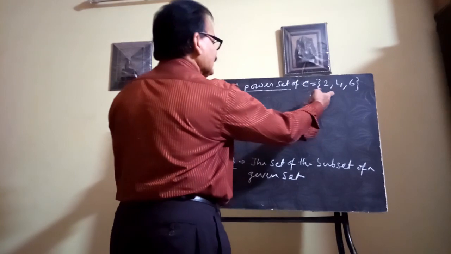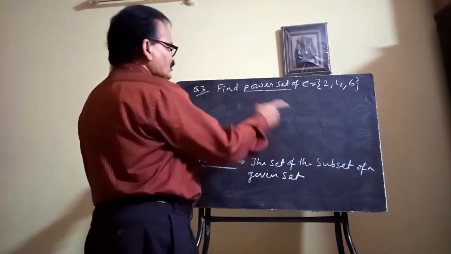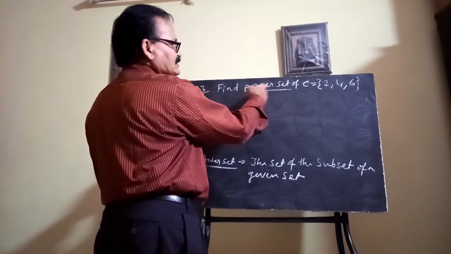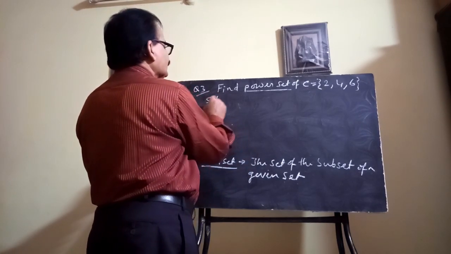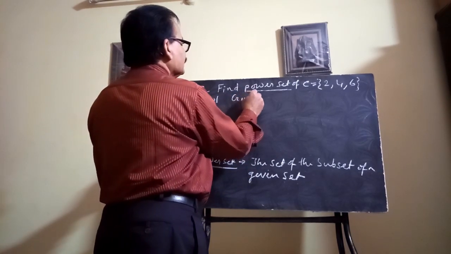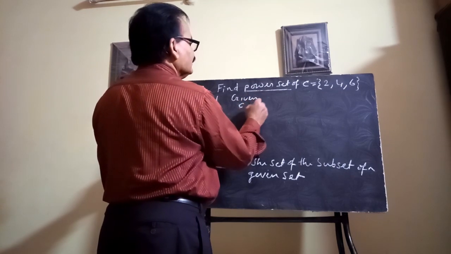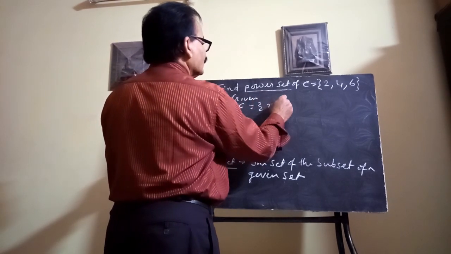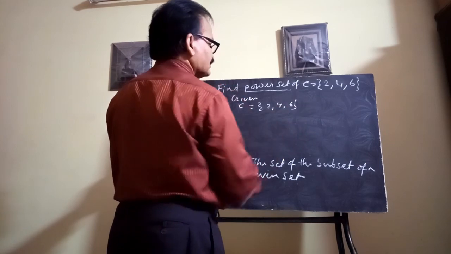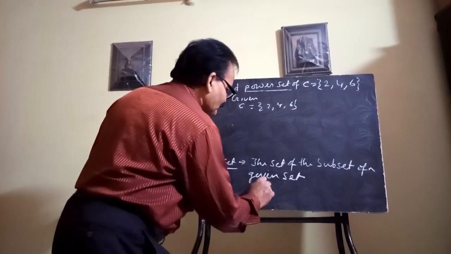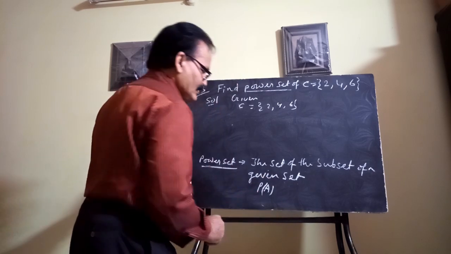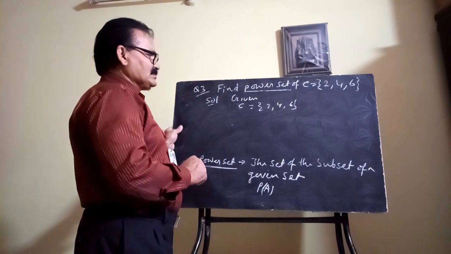So here the given set is this much, and you have to find the power set of C. Your solution: given set C equal to {2, 4, 6}. Power set is denoted by P(C), which is the set of subsets of the given set.